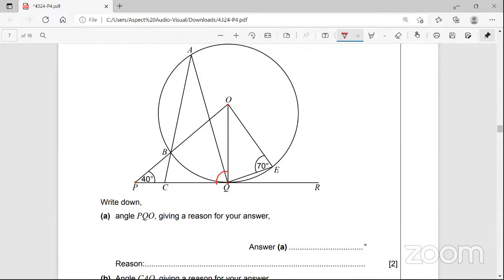Let's hear what they say. Okay, the people with me here, what is the angle? Okay, it's 90 degrees.